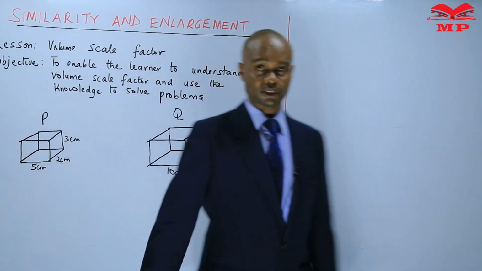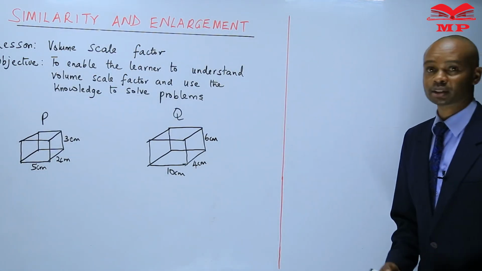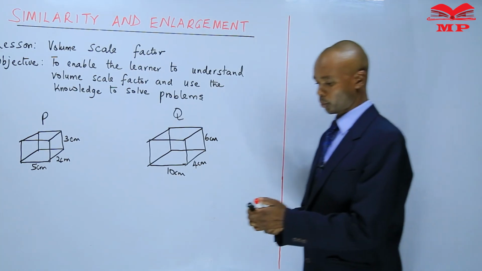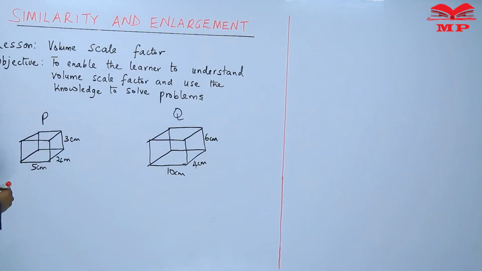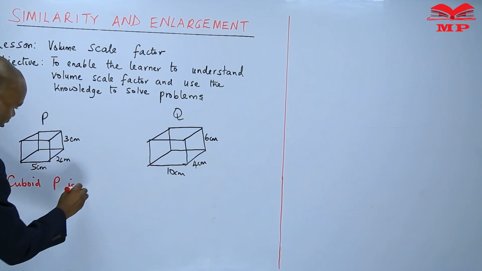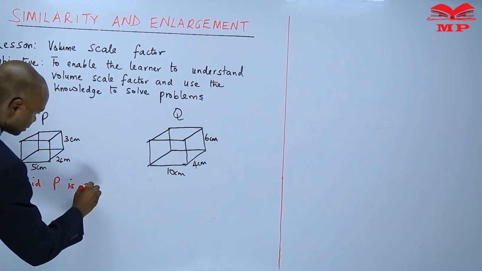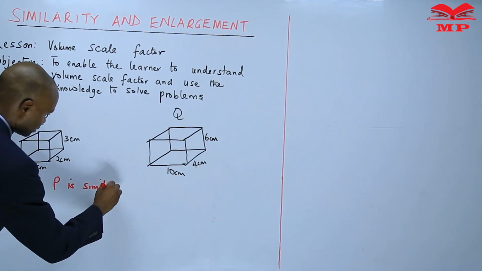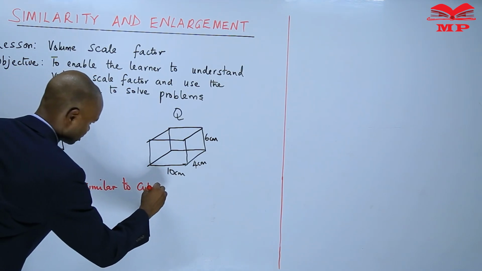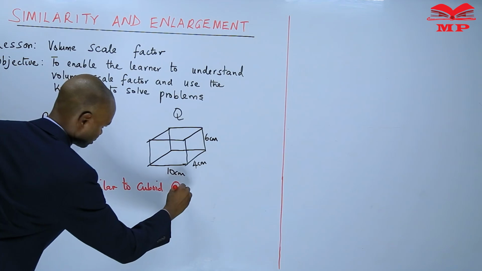Learner, on the board there are two similar cuboids, P and Q. Cuboid P is similar to cuboid Q.